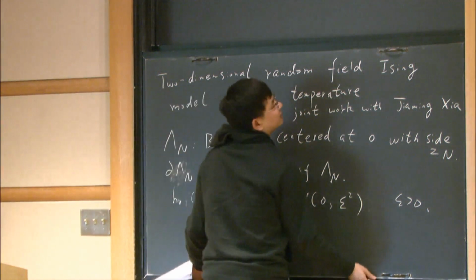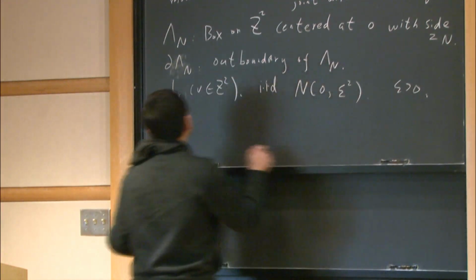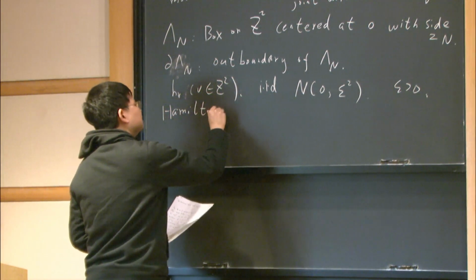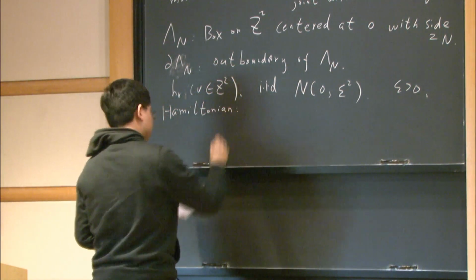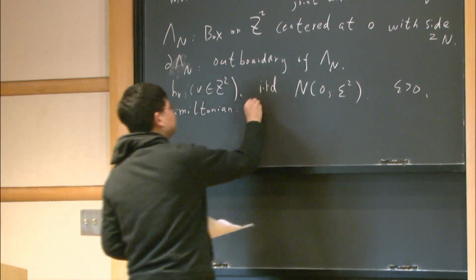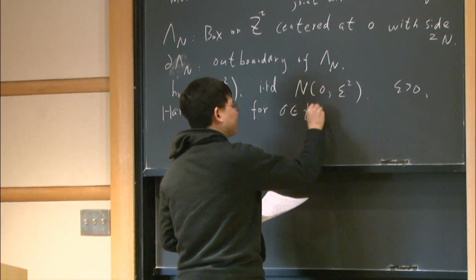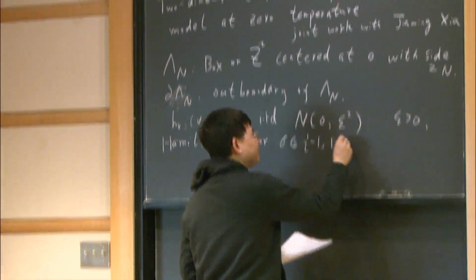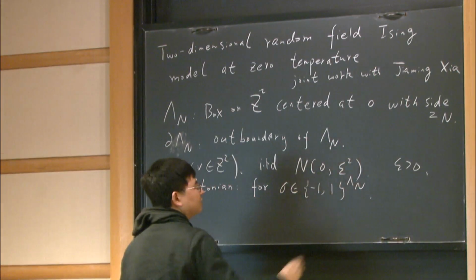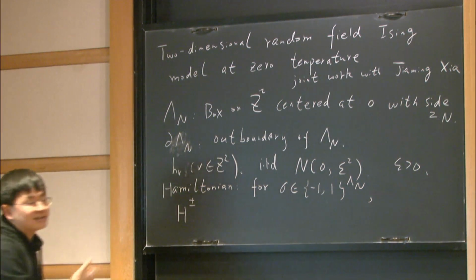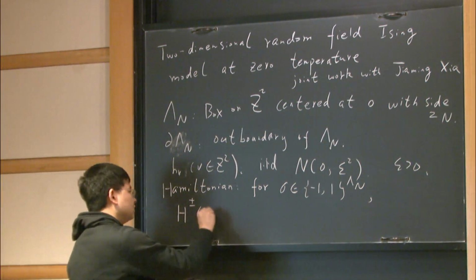And then we consider the Hamiltonian for the Ising model. We consider a configuration sigma taking values plus or minus for each vertex in the box. And we can consider the Hamiltonian with a plus boundary and a minus boundary condition.